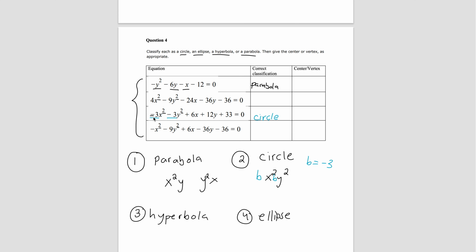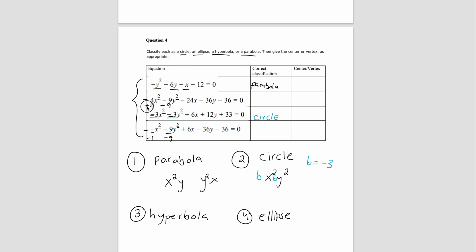In this case, we can see they both have -3. So the others are both gonna have different bases. We can see here we have 4 and different bases along the squared variables. So in this case, we know that it's between these two, right? Because they have different bases. This one has -1 and this one has -9. This one has 4 and -9.